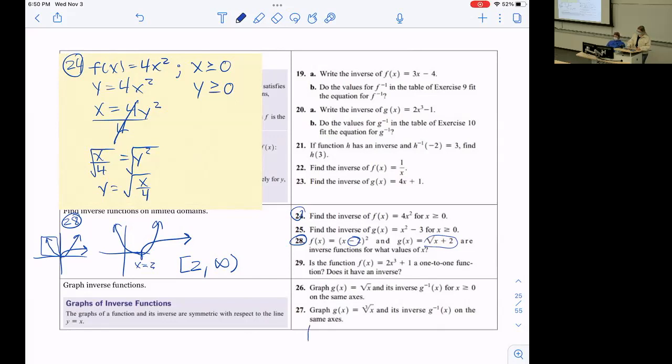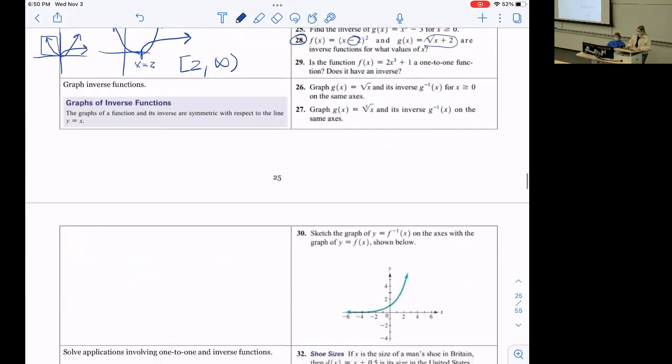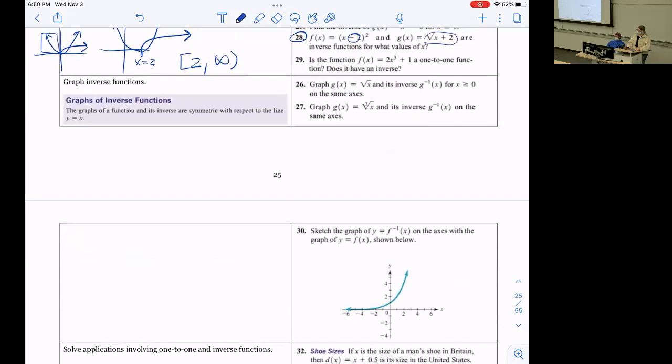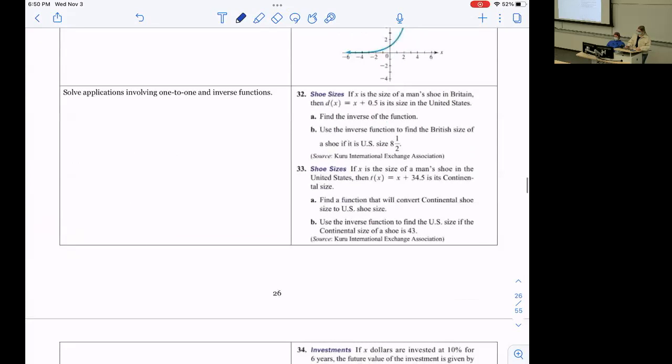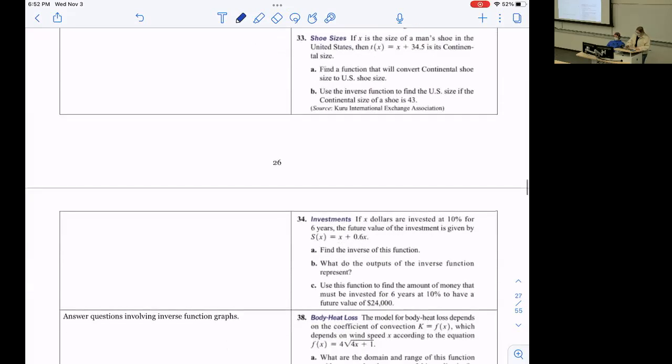Graph inverse functions. Do we have any questions about 26 through 30? Solve applications involving one-to-one and inverse functions. Do we have any questions about 32 through 34?